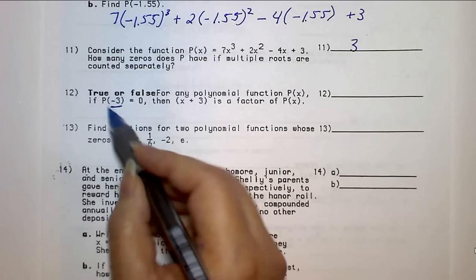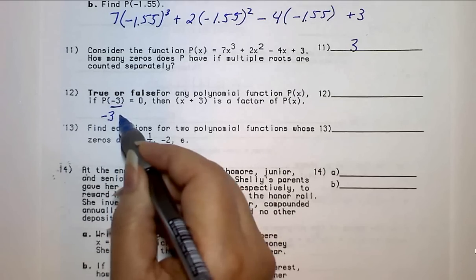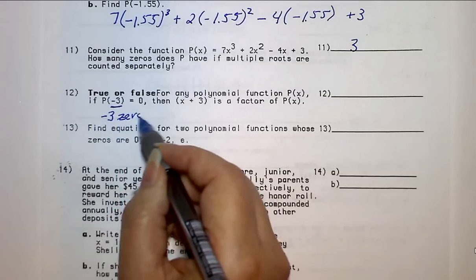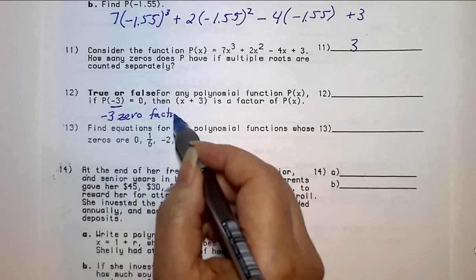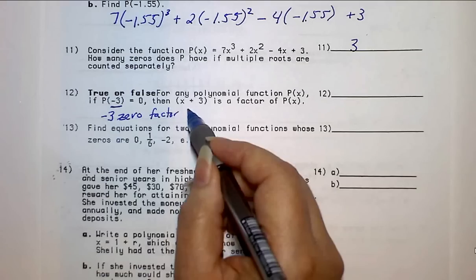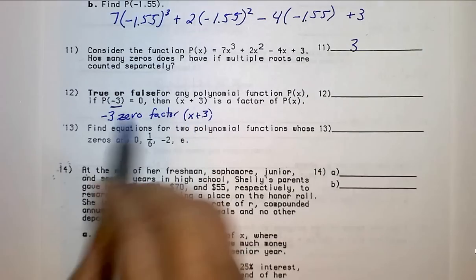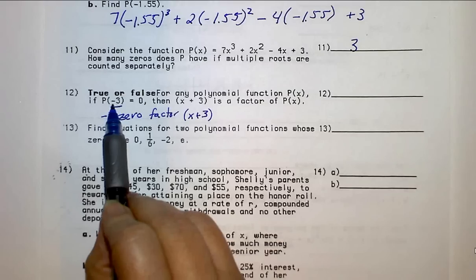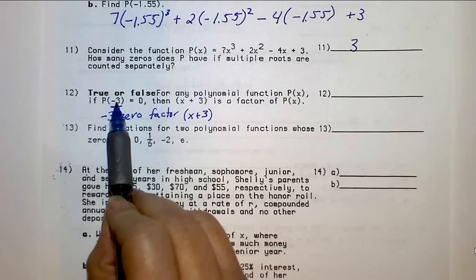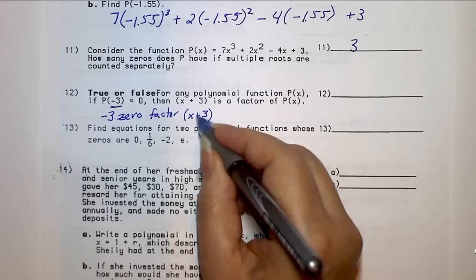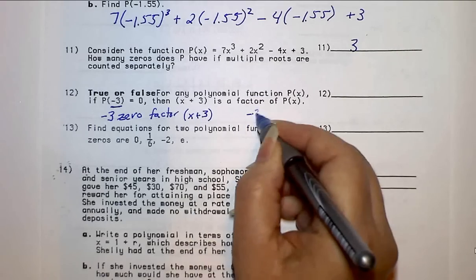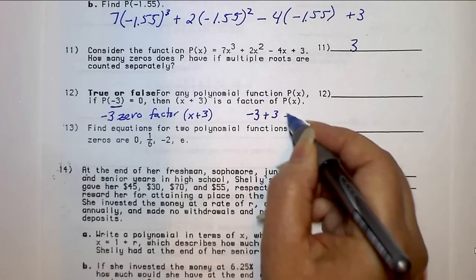If negative 3 is a zero, what is a factor? It would be x plus 3. Another way to think of it: if I put in negative 3 for x, negative 3 plus 3 gives me 0. So however you want to look at it, it is true.